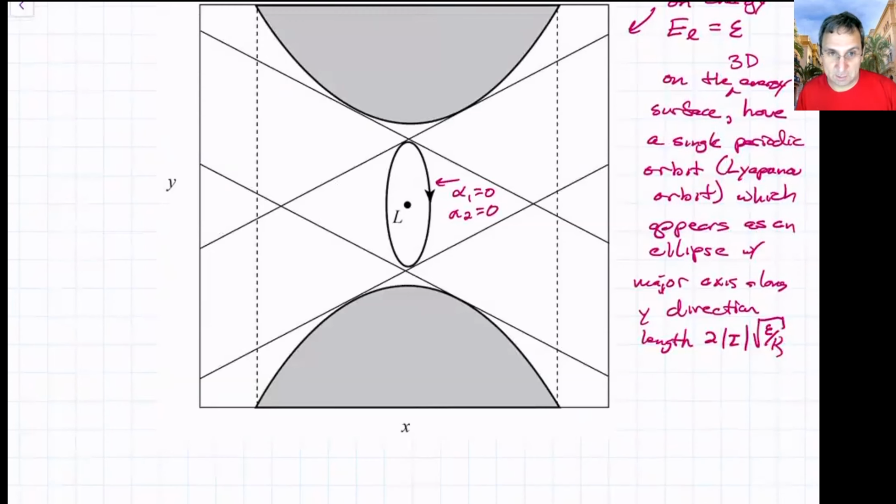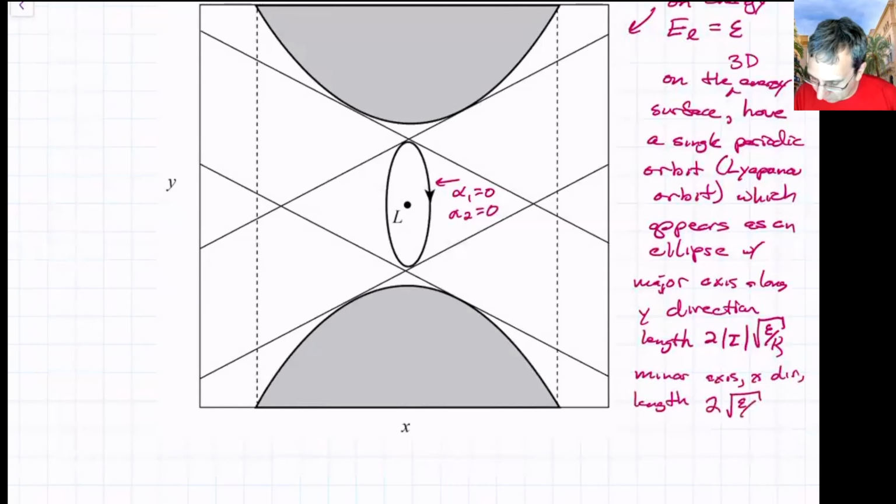And I'll say what kappa is. Then the minor axis is the x direction with a length that's just 2 times the square root of epsilon over kappa. What's kappa? Kappa is negative a plus b tau squared plus nu squared plus nu squared tau squared.